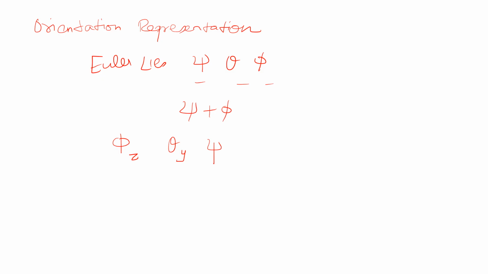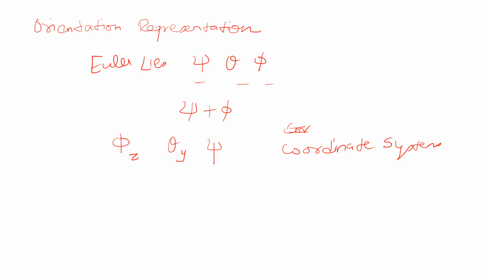So for the best way to represent an orientation workspace, there are three possibilities. The first one is the coordinate system whose axes represent the three Euler angles.